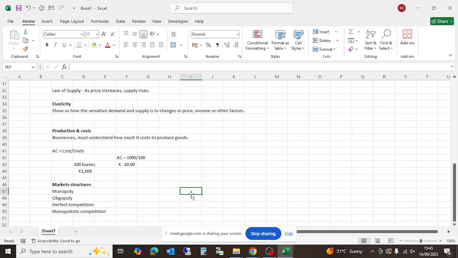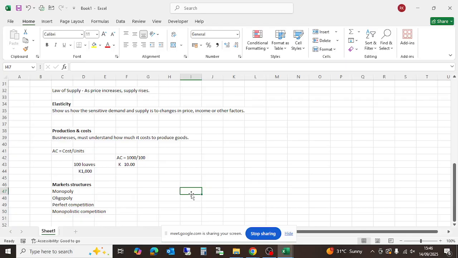Okay, so let's link it to a monopoly. A monopoly is a type of market in which one seller controls the supply and the price of a particular product. We gave an example of this one. But when we talk about monopolistic competition, here we have many sellers, but there will be plenty of different products used for the same purposes.